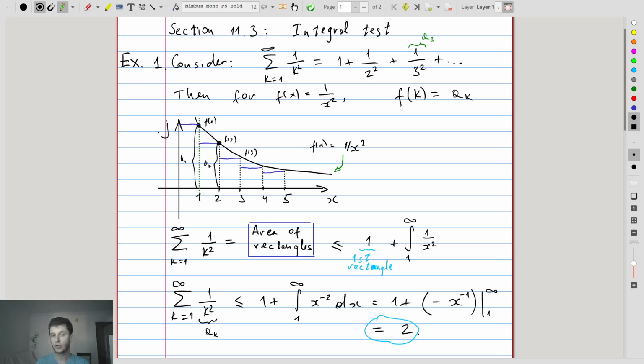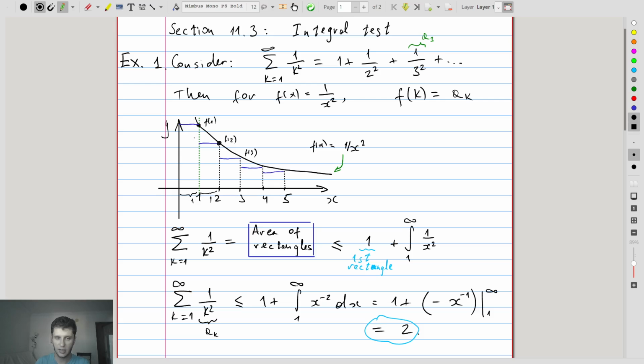But we want to think of the terms of this series not as heights, not as linear quantities, but as areas. Because we have heights equal to the values of the terms from the series, we're going to draw rectangles of width 1, right? So all of these rectangles have width 1.